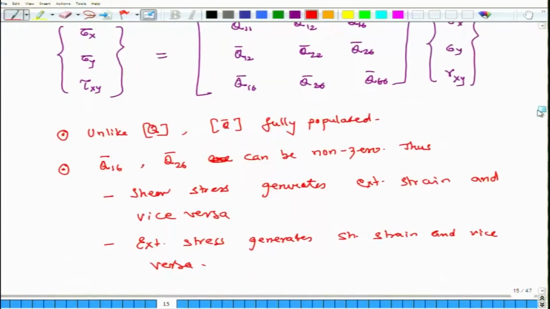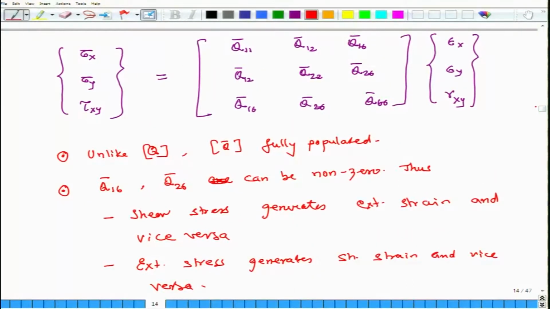So, the Q bar matrix has 6 constants, but at a fundamental level they only depend on 4 independent engineering constants or stiffness elements. So, this is the overall theory. For purposes of completeness, we will write down the exact relations between the different values of Q bar and Q.